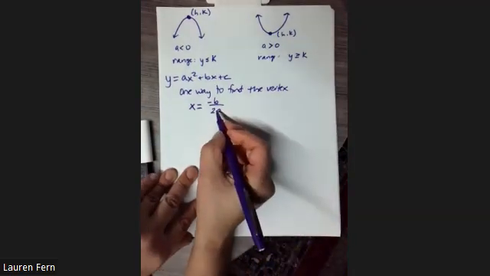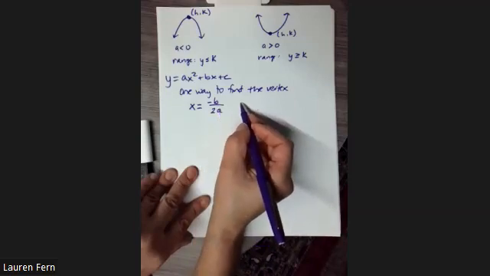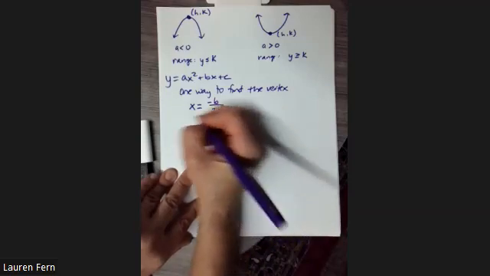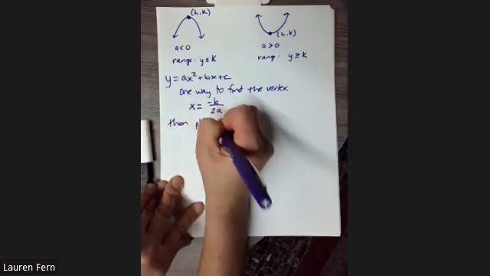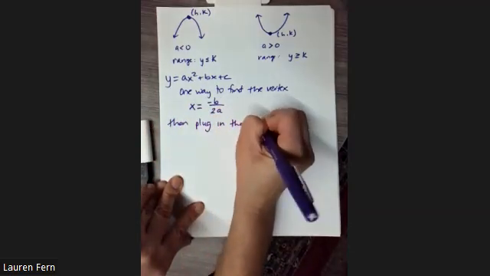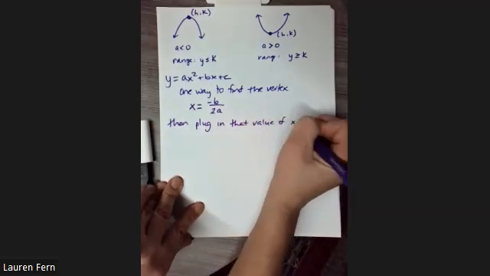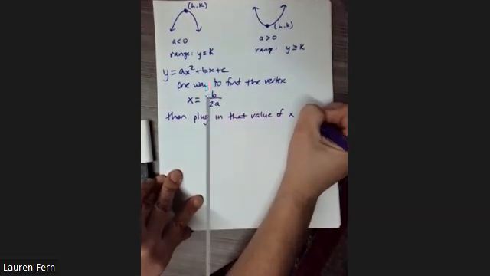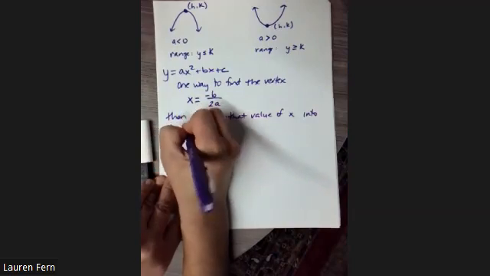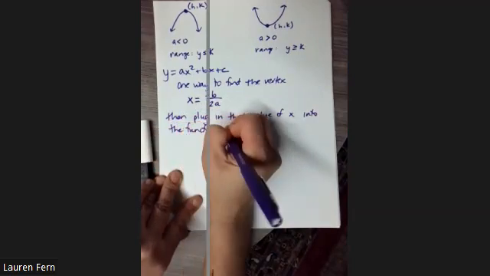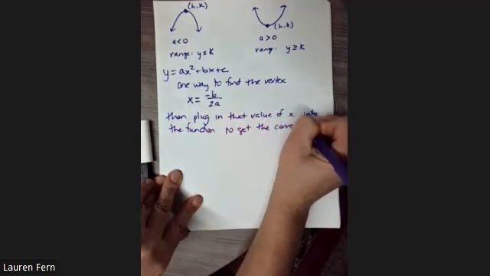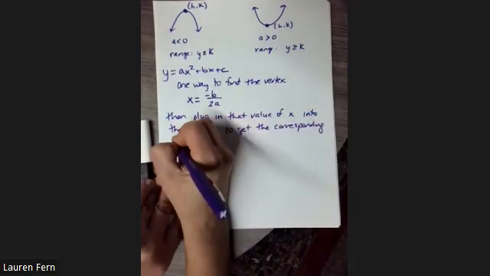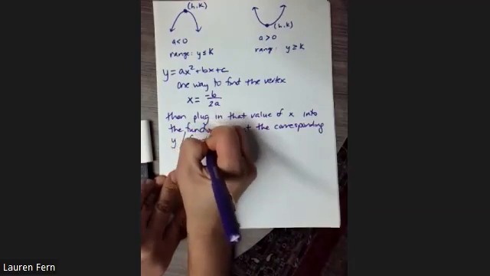Now, how do you find your corresponding y value for your vertex? You plug that value of x into the function to get the corresponding y or function value.